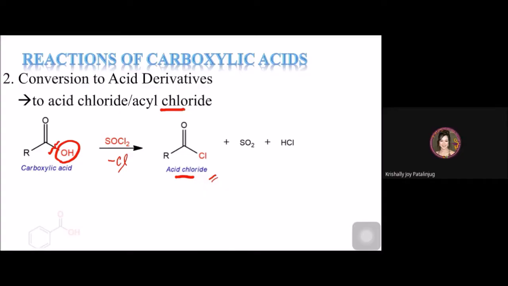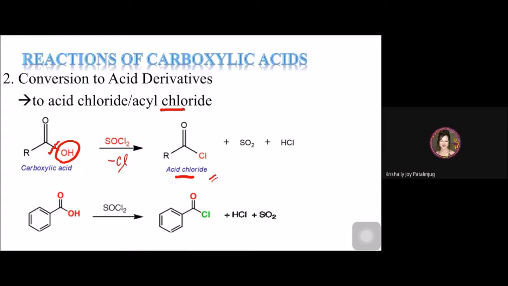Let's have a specific example. For instance, you have here benzoic acid. Now, if you react benzoic acid with thionyl chloride, then you will produce benzoyl chloride. And you have here the byproducts HCl and sulfur dioxide. Again, the major product here is benzoyl chloride.